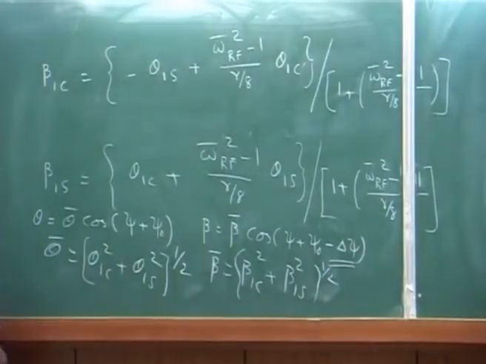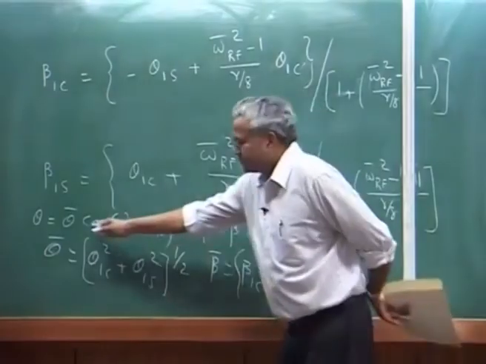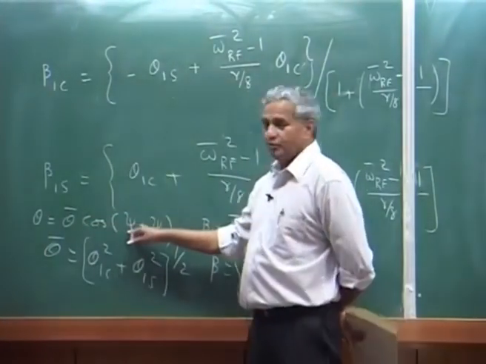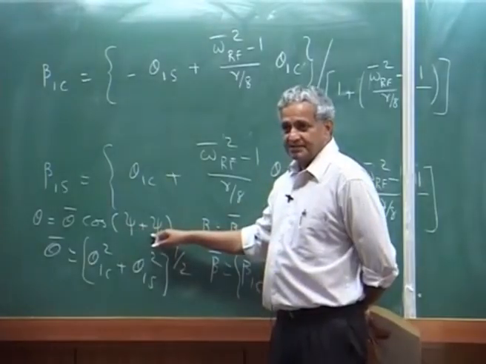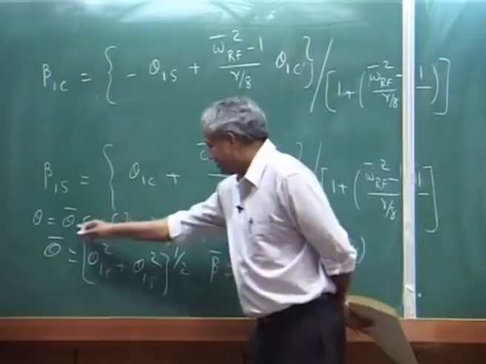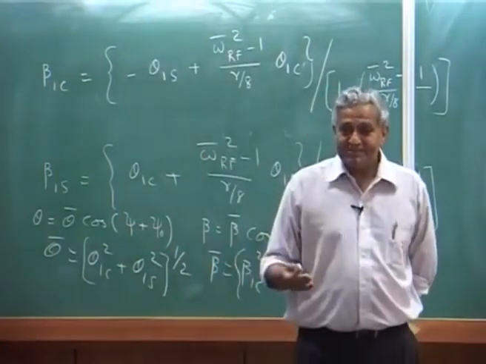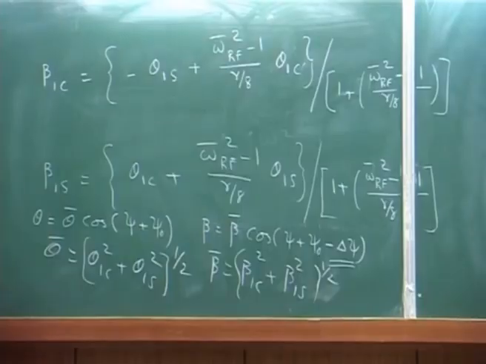That is basically the amplitude of your input. Okay. Because you can see, if you expand this, theta bar cosine psi naught, cosine psi is time varying, that means theta bar cosine psi naught is basically theta 1 c, okay, because psi naught is some number.